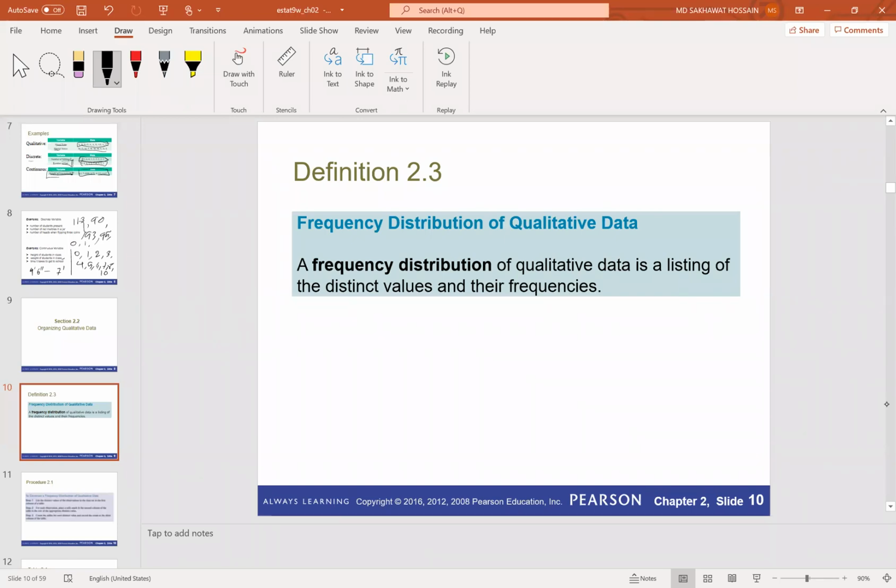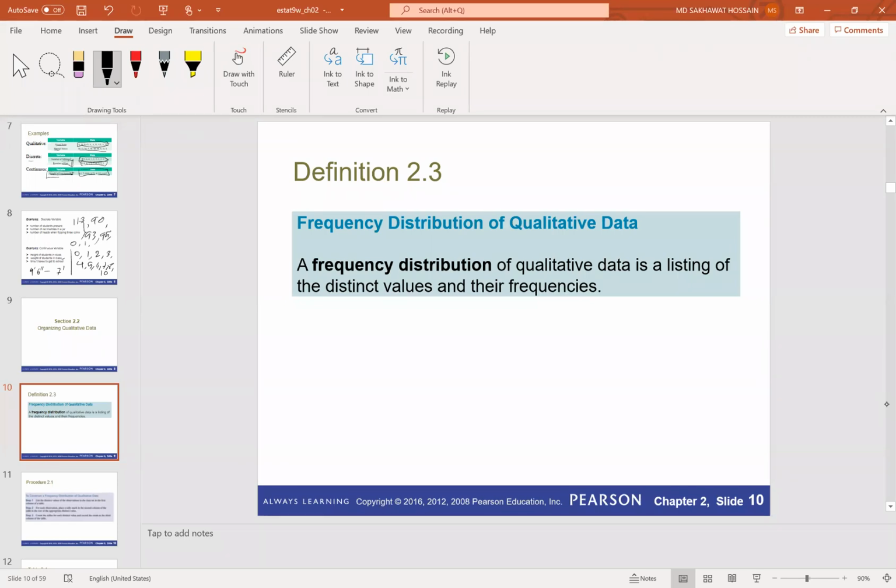The frequency distribution and the relative frequency distribution are the tabular representation of the qualitative data. We can also use frequency distribution and relative frequency distribution for the quantitative data as well.